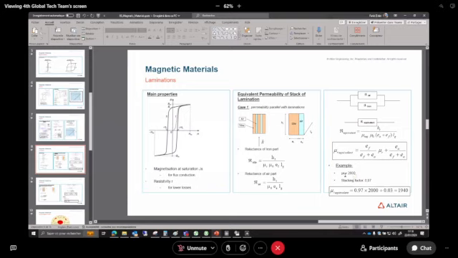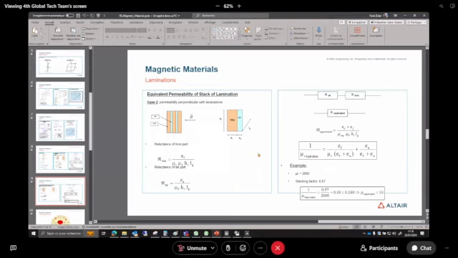So if I start with this relative permeability, due to this stacking or lamination, I will lose a little bit on the relative permeability to have something like 1940. So this is in case I have lamination parallel to B.